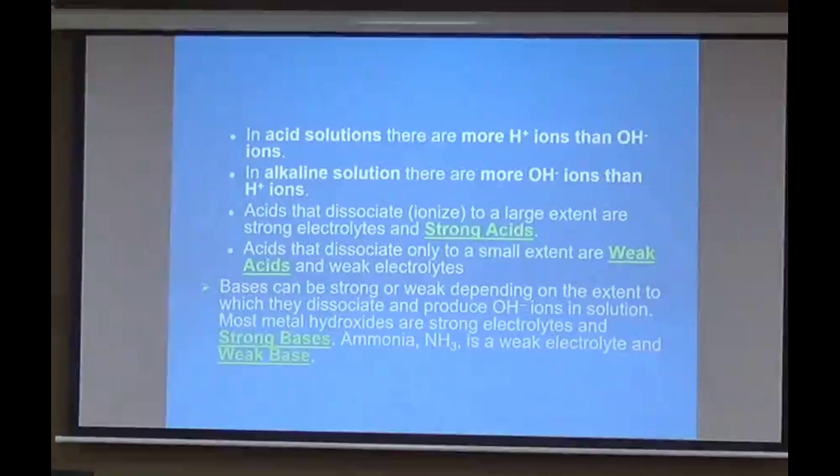Then further, they have given us the distinction between strong acids and weak acids. Acids that dissociate or ionize or break into ions on dissolution in water to a large extent are called strong electrolytes or strong acids, meaning they furnish a large amount of hydrogen ions in solution.